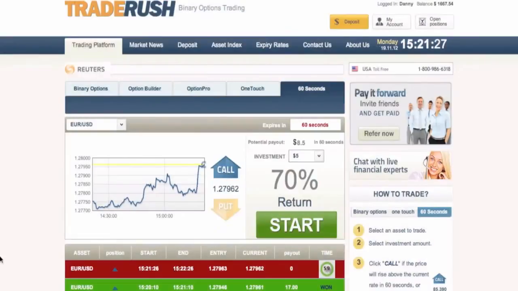Now, if you're serious about trading, you might wonder, how much can I make on a daily basis? Well, the answer is it all depends on how much you trade. I don't get to trade much because I have a full-time job and a family, and my target per day is about $150.